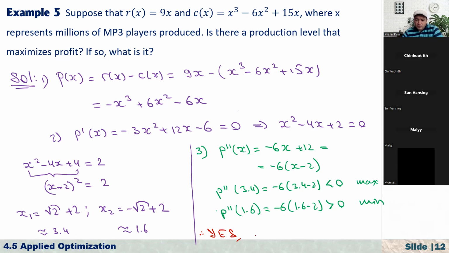Let me write here, when x equals 3.414 million, the profit will be maximal.